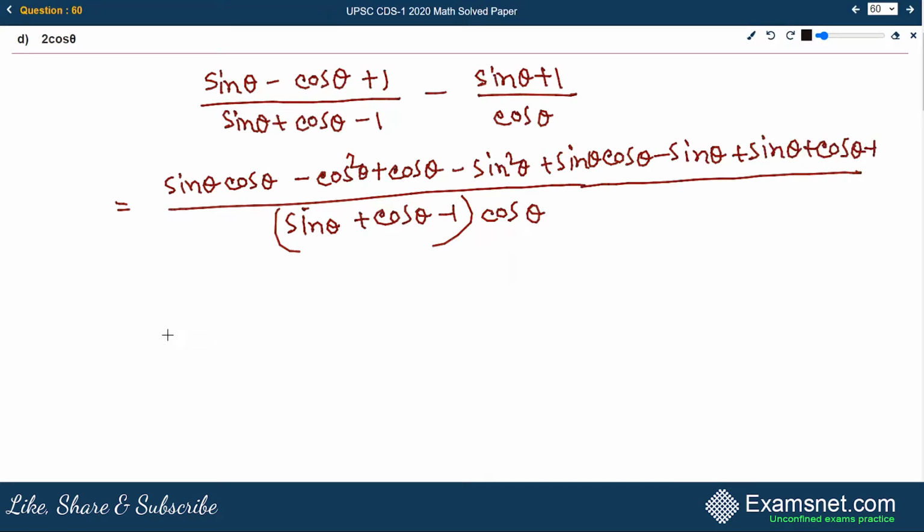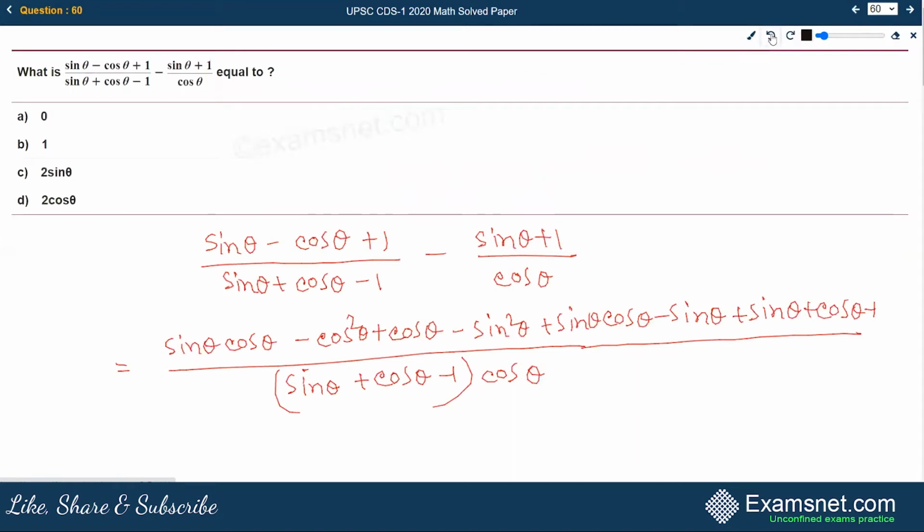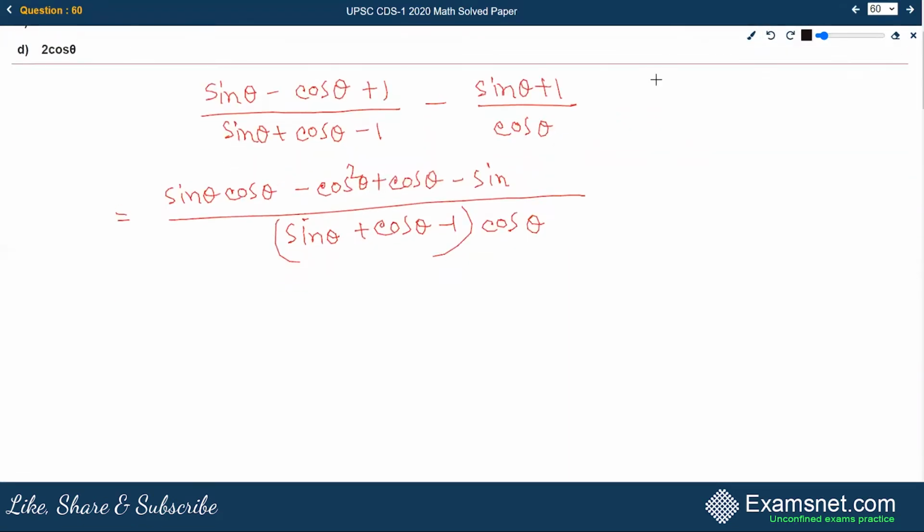So from here we can see, okay, so it will become minus sin squared theta, and also, okay, so please make a correction. Here we will get minus of sin squared theta and minus plus minus sin theta cos theta.